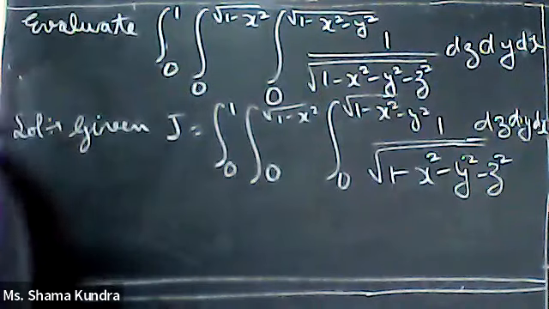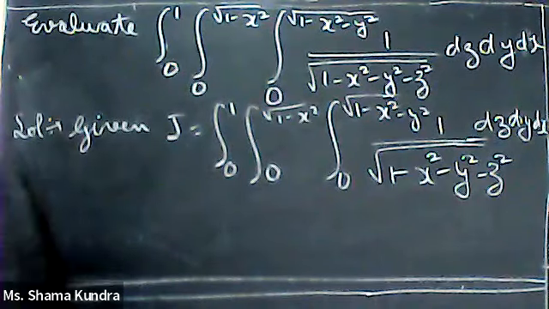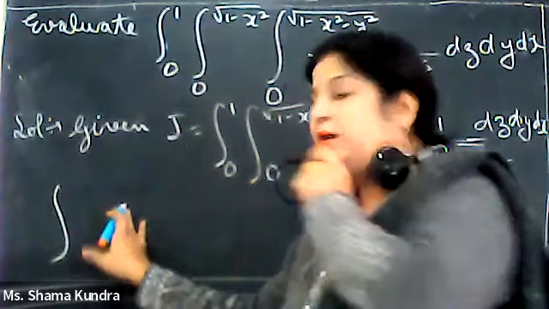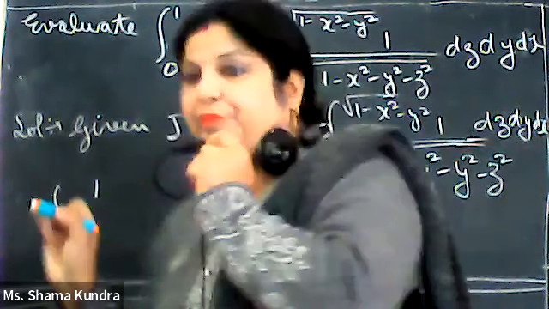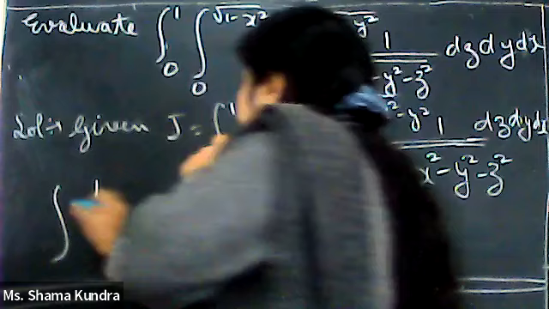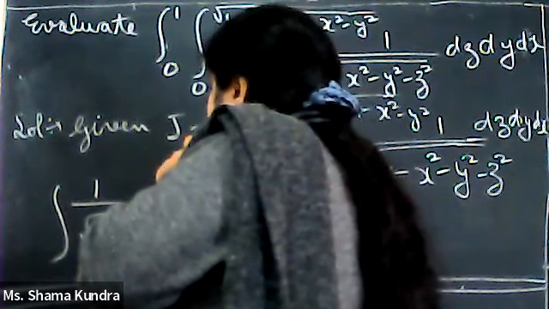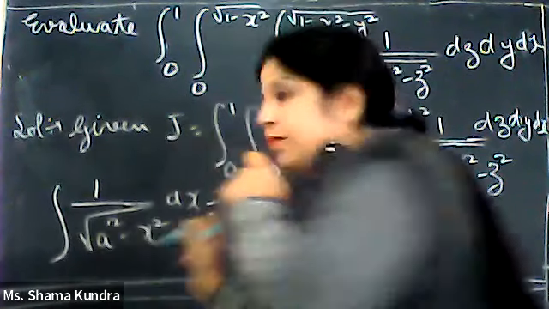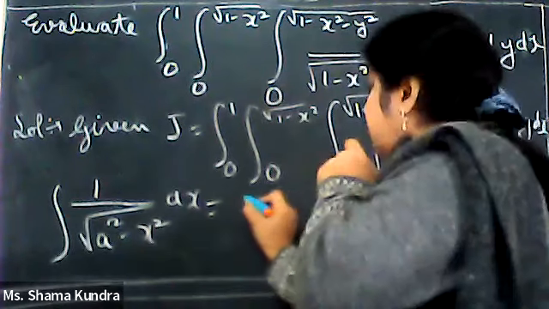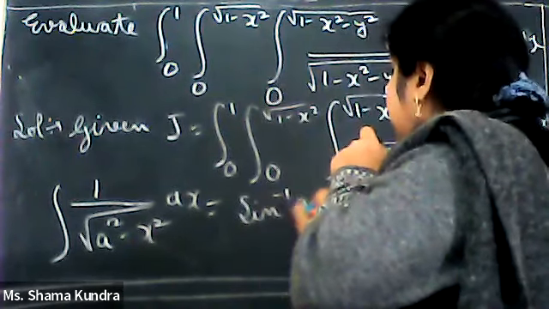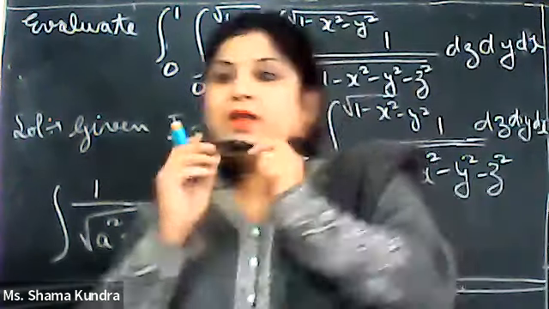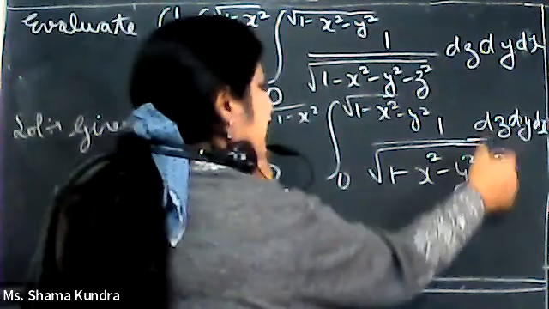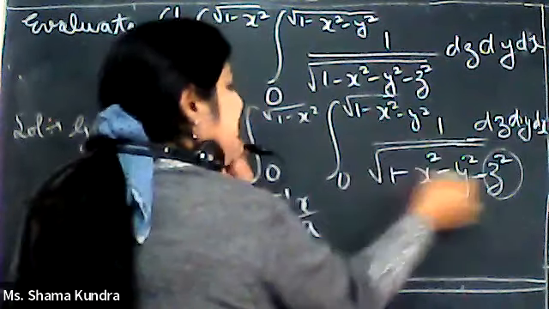We know one formula from plus 2, if you remember, the integral of 1 upon under root of a square minus x square dx, we know its value is sine inverse of x upon a. Here we have to integrate with respect to z, so only that variable, and the rest is constant.